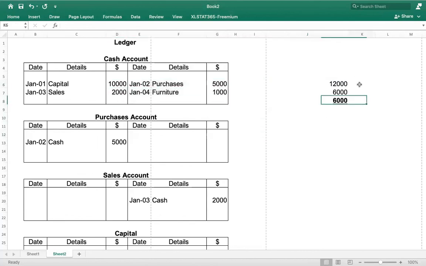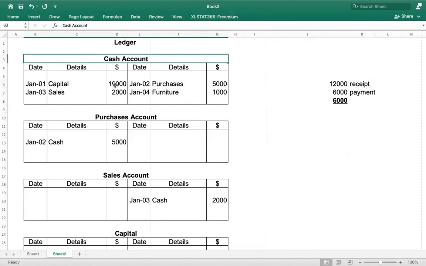This is receipt and this is payment. Receipt means you are getting cash, right? Cash is an increase in asset, debit. So whatever amount we write on the debit side is actually cash receipt. And when you make a payment, will cash increase or decrease?